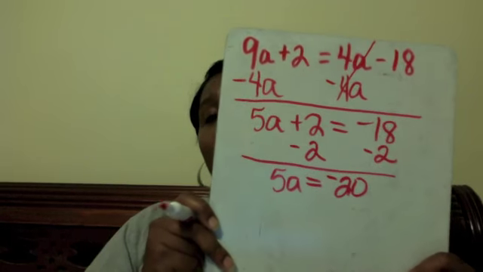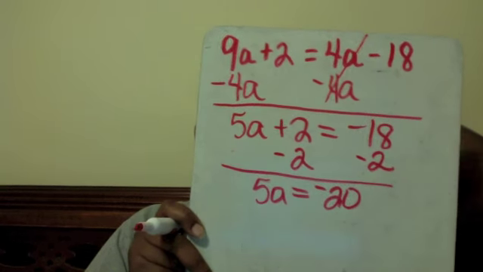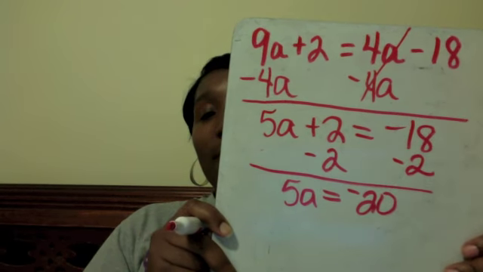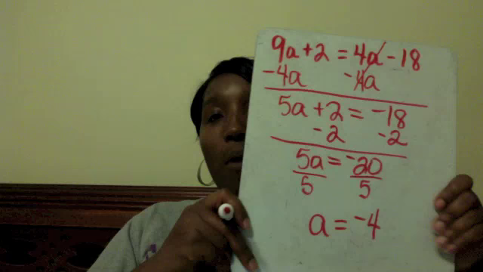Okay, I have 5a is equal to negative 20. Next step would be to divide both sides by 5, and a is negative 4.